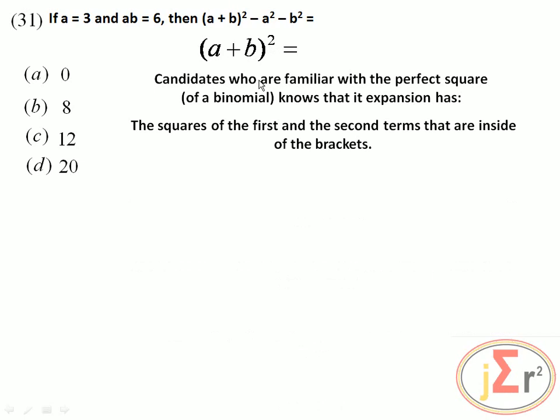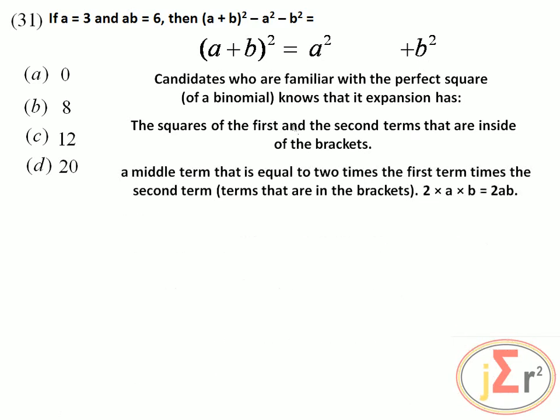We know that the expansion will have a squared and b squared, and a middle term equal to 2 times the first term times the second term, that is 2 times a times b, which is 2ab.